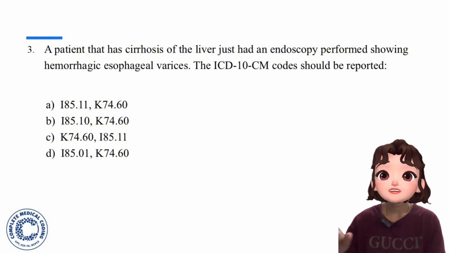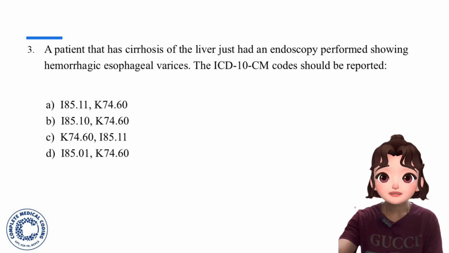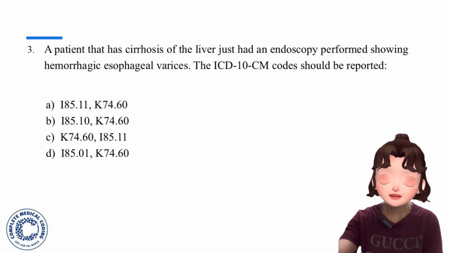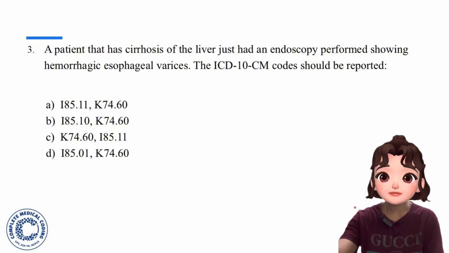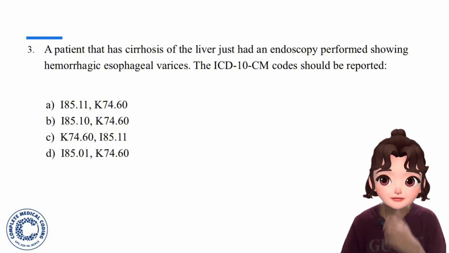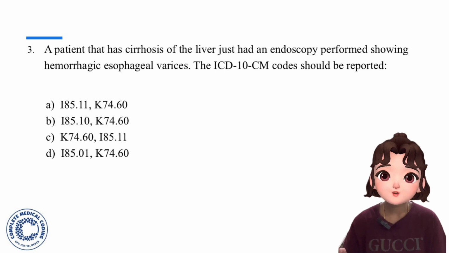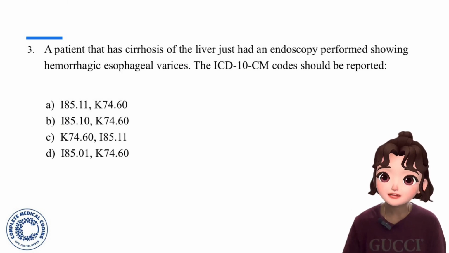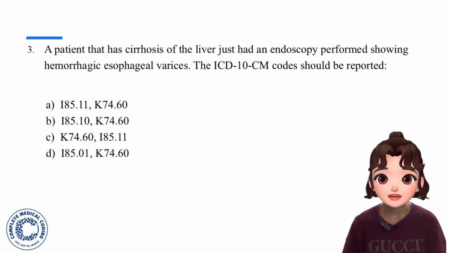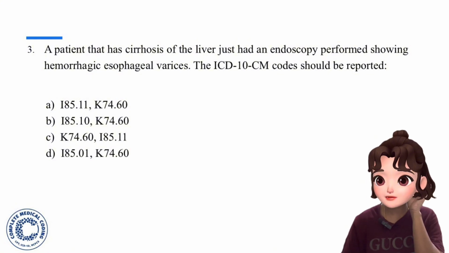So if you go to options A and C, we already got one ICD code. What is the other code? K74.60. It's the same in both options. Only the sequencing is different. Obviously, the other code will be liver cirrhosis. K74.60 is unspecified cirrhosis of liver.